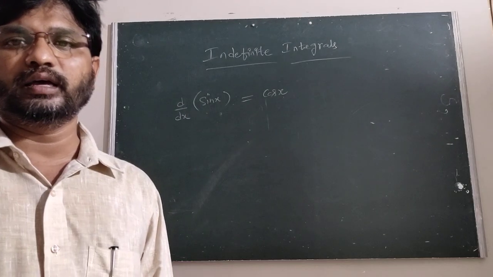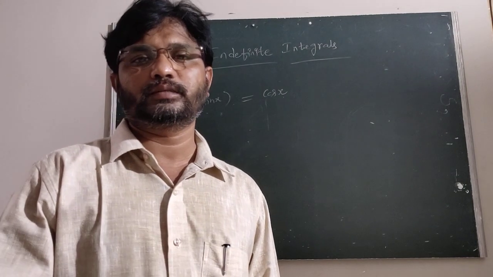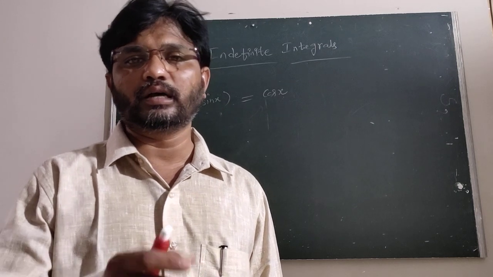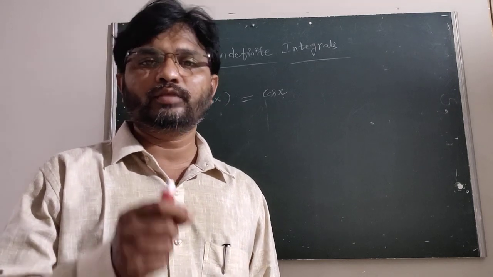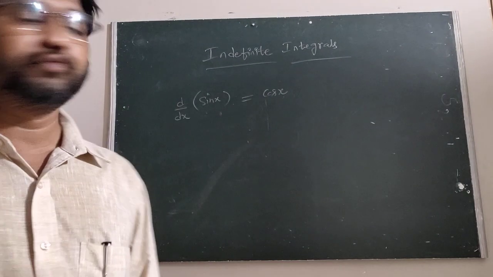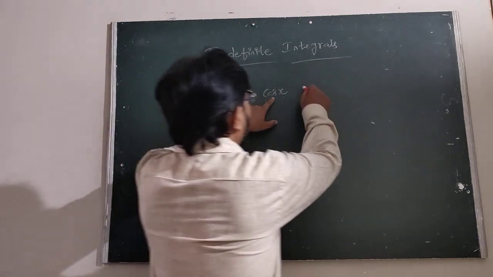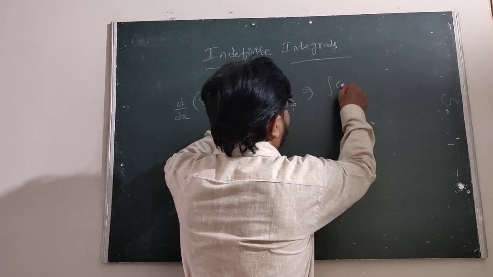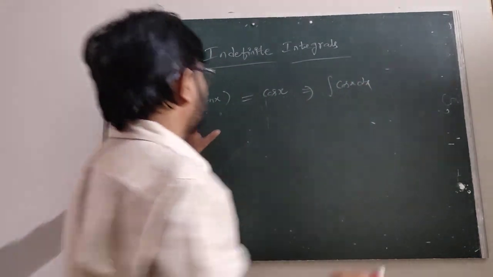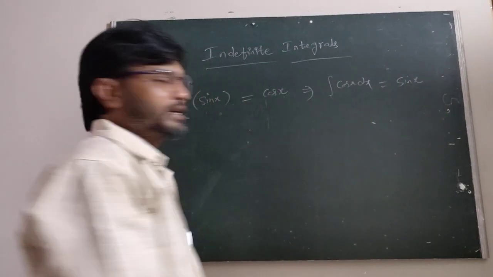The definition of integration: the inverse process or reverse process of differentiation is called integration. Therefore, since the derivative of sin x is cos x, it implies that the integral of cos x dx is sin x.